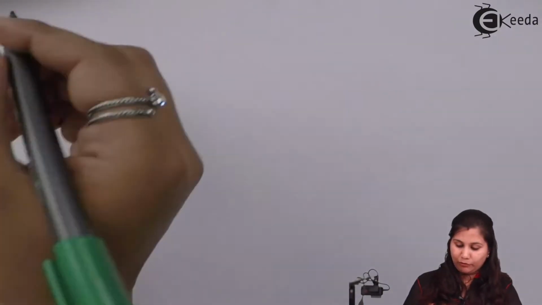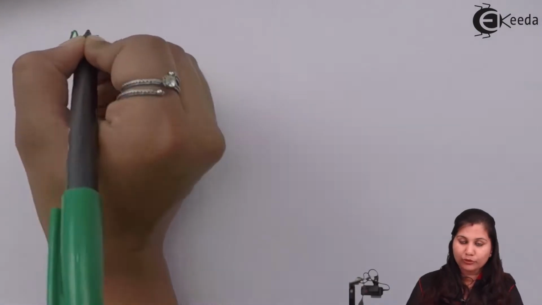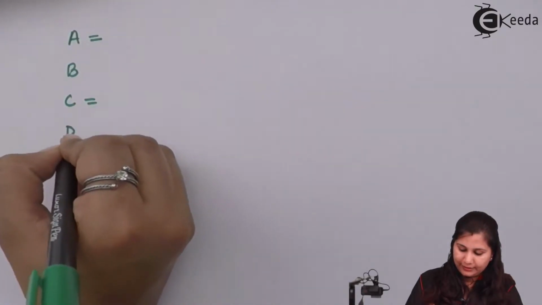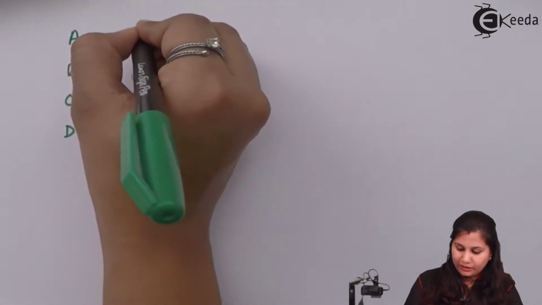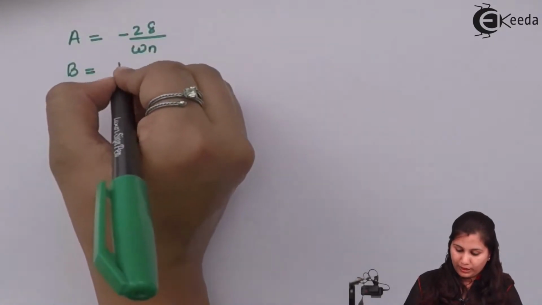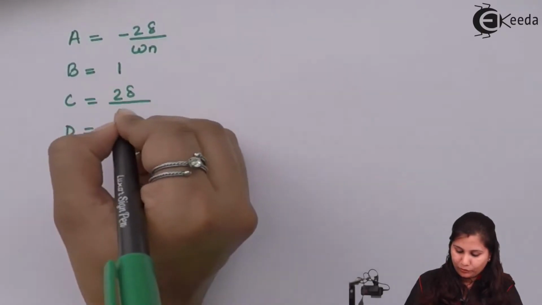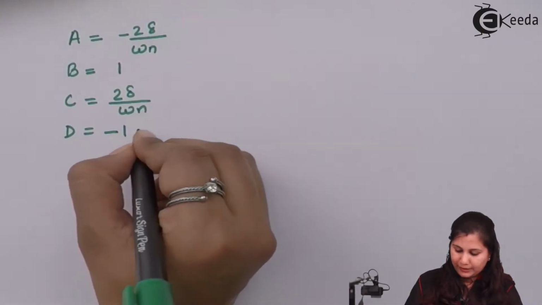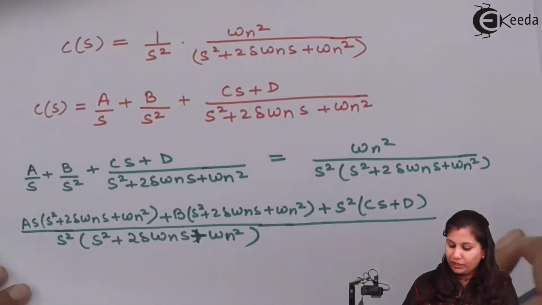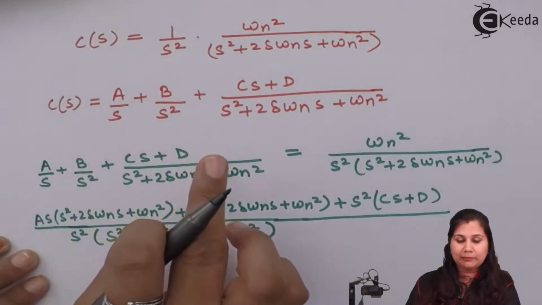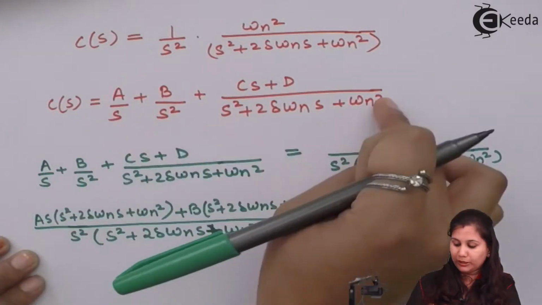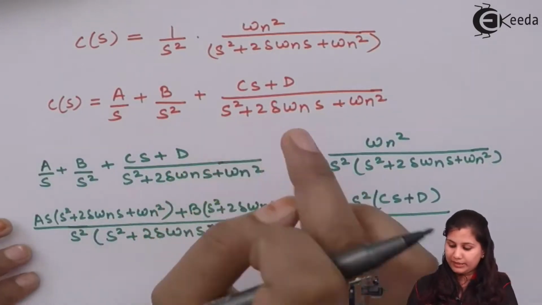I am directly writing the values; you can solve this and get A, B, C and D. A comes out to be minus 2 delta upon omega n, B comes out to be 1, C is 2 delta upon omega n, and D is minus 1 plus 4 delta square. We put these values in and find the partial fractions of C(s).